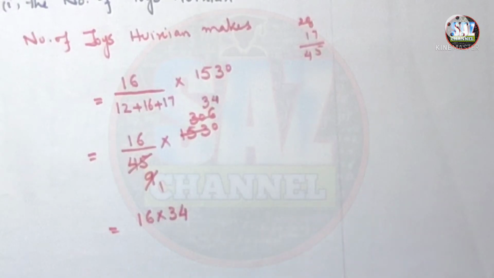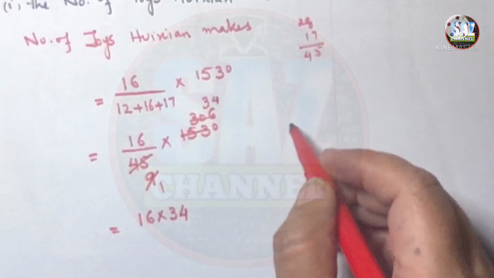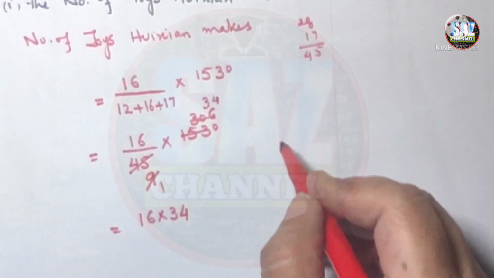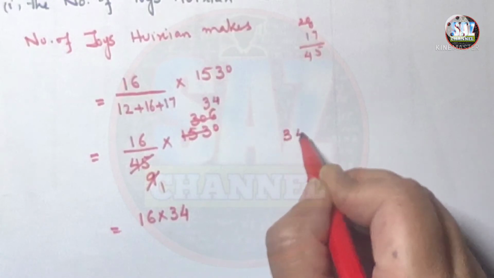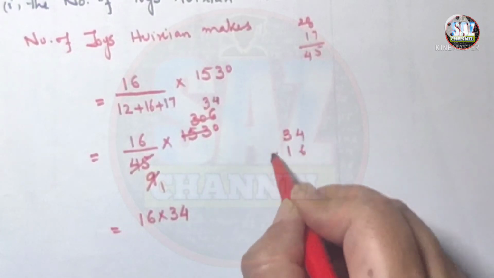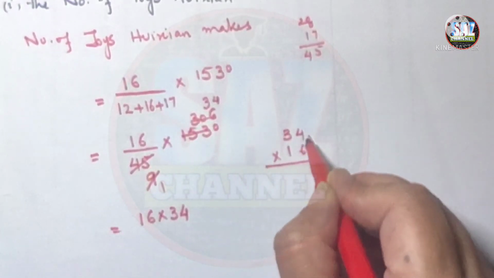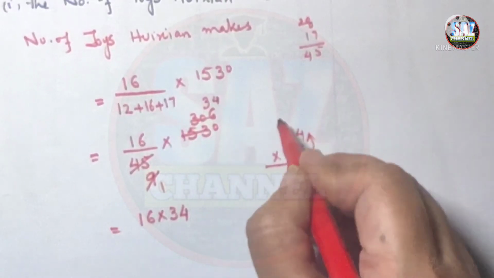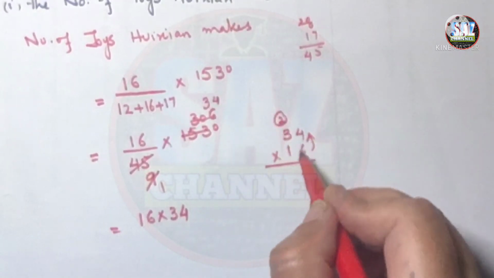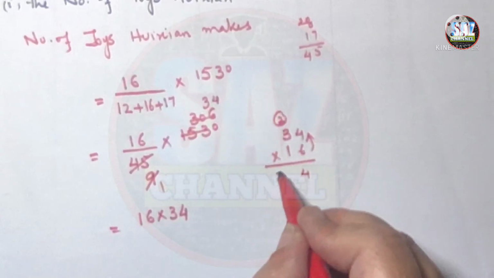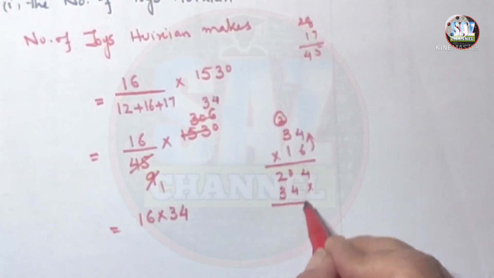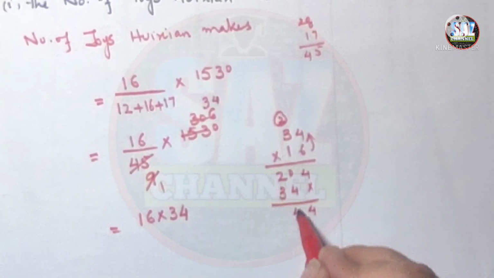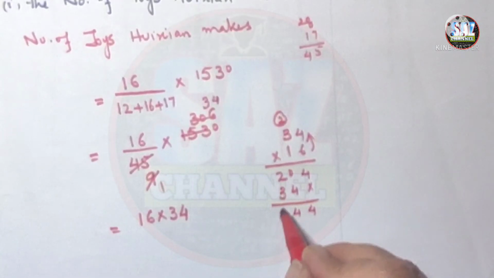In all these questions, I'll try to perform the calculation mentally so that my students can get the idea of how easily we can perform these calculations. 34 multiplied by 16: 6 4s are 24, and I write 2 over here. 6 3s are 18 and 2 is 20, and 1 4 is 4 and 1 3 is 3, and this gives me 544.